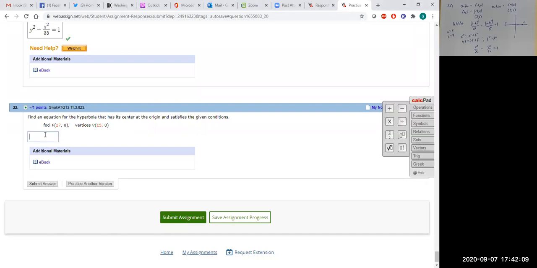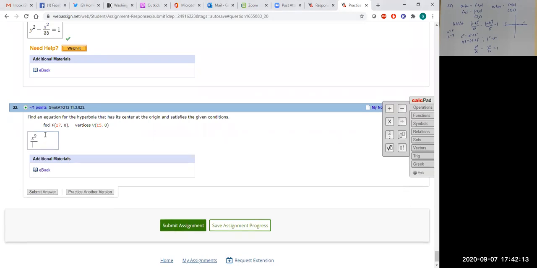So x squared over 25 minus y squared over 24 equals 1.